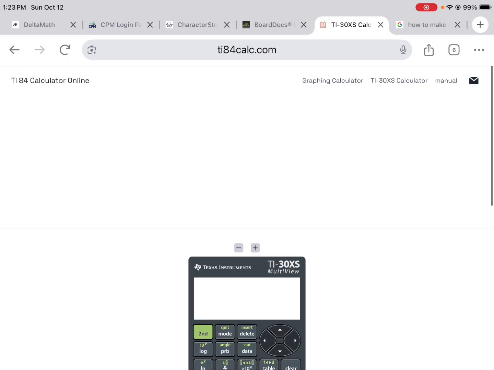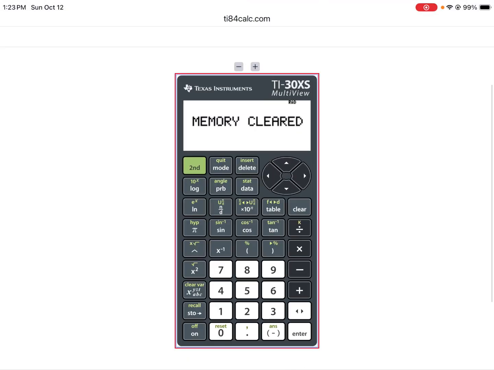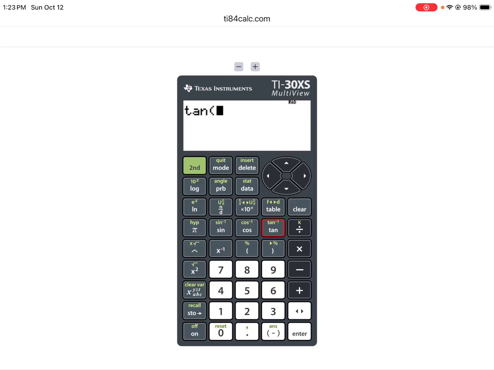So here we have our calculator. Next to the divide symbol is the tangent button. Then we put in, what were we working with? 0.625. And we hit enter.